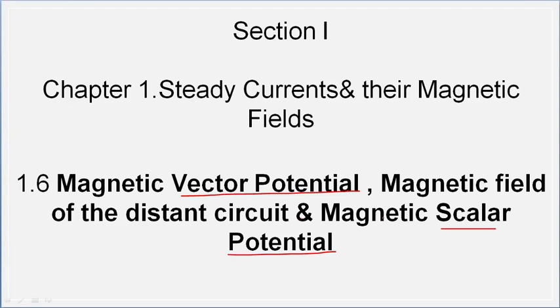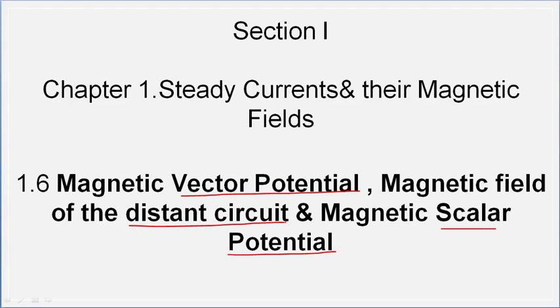Then we define the magnetic field of a distant circuit. See, when we say circuit, it is like a magnetic dipole. In electrostatics we defined a point charge, then a pair of charges, a dipole. The electric dipole has some significance. Now in magnetism, when a circuit is there, the circuit behaves like a dipole, because one face acts like a north pole, and the other face acts like a south pole.